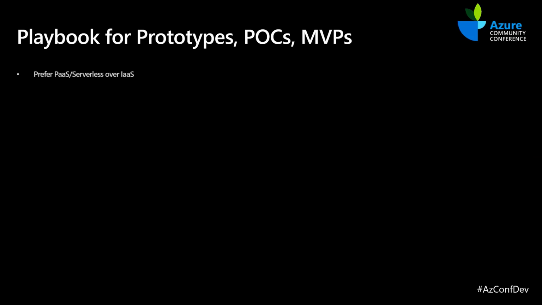Some of our rules of thumb that we follow: we always prefer PaaS and serverless over infrastructure. Given that we have a small team size and we have to release multiple features per sprint, infrastructure maintenance and upgrades are not where we want to focus our energies. Which is why we prefer things like app services or Azure functions, which are managed services or entirely serverless.